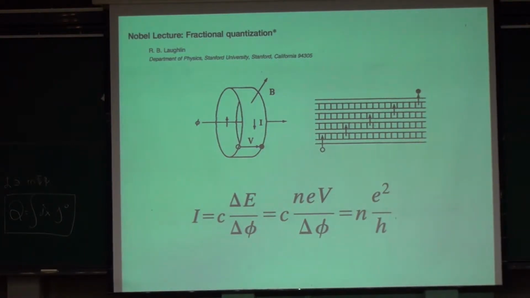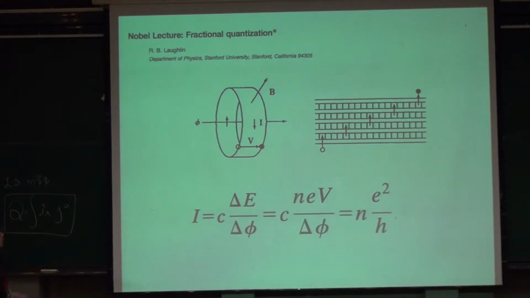So we would like to understand why I over V is a constant. It's N times e squared over h.